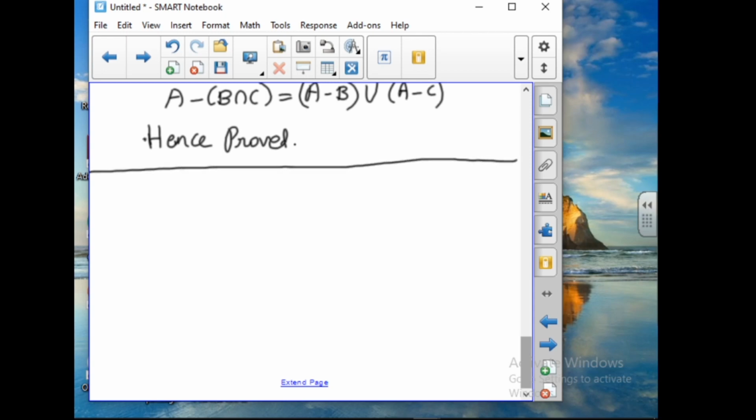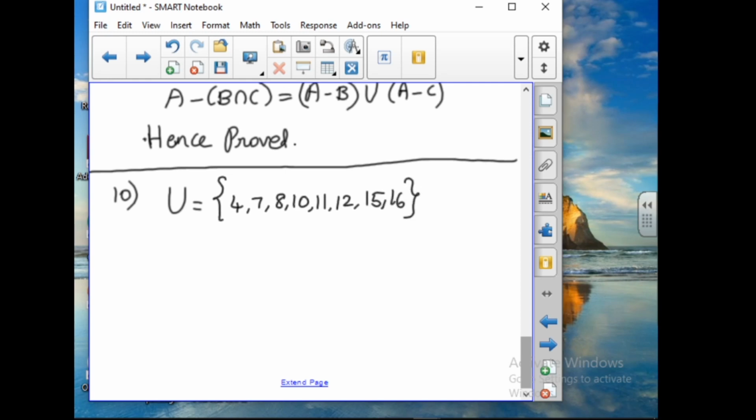Then question number 10. If U, that is the universal set, is equal to 4, 7, 8, 10, 11, 12, 15 and 16.